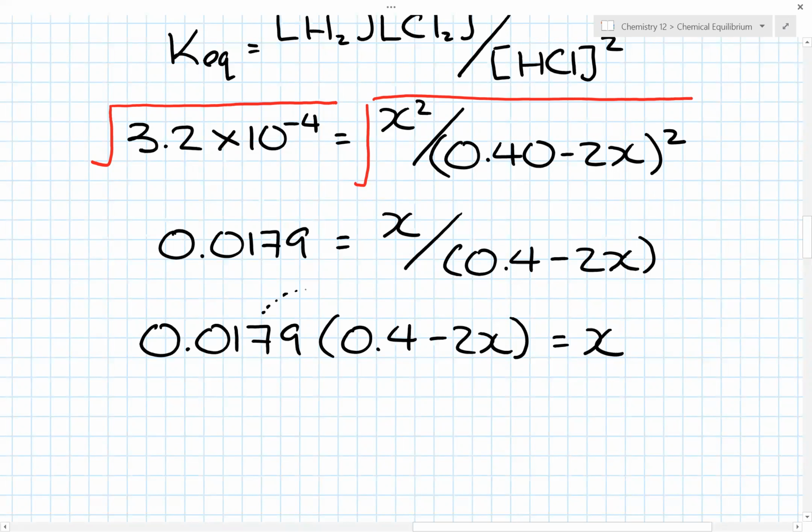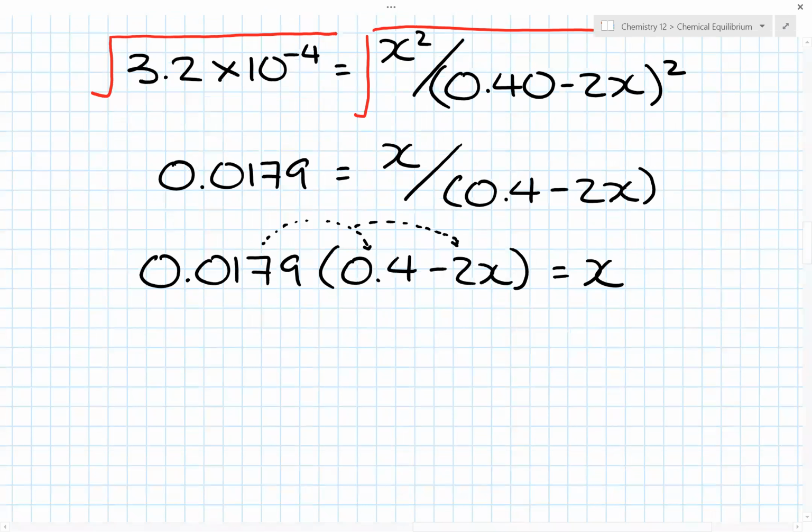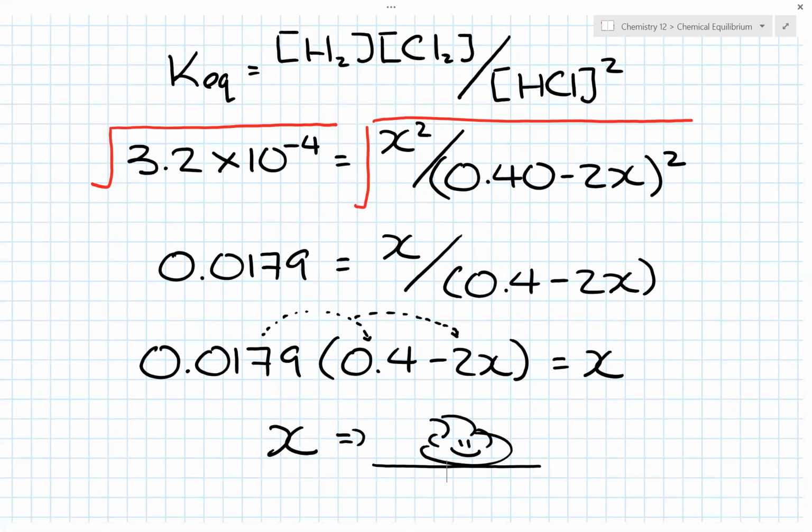And you remember from your math, the FOIL, whatever that thing is. And then you solve for x, okay? And x will be whatever number. That's about as complicated a math in terms of Keq that you will get in regular Chem 12.